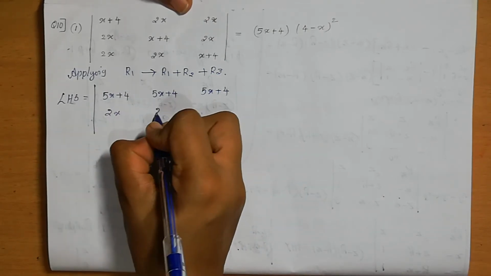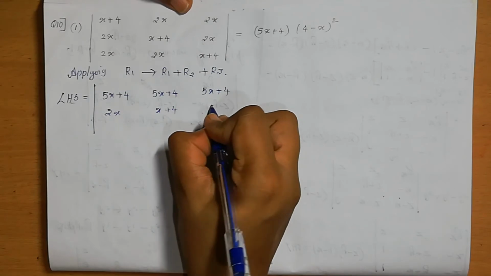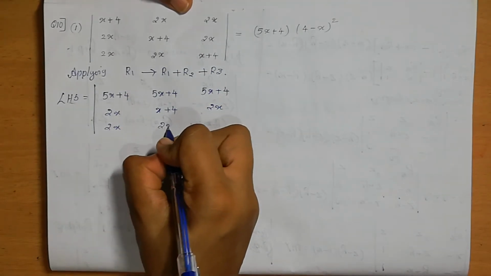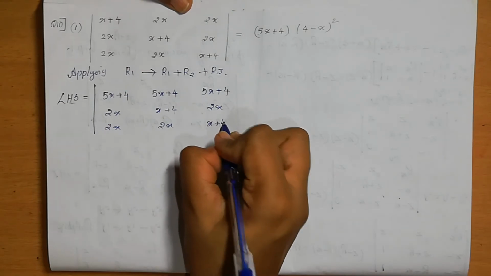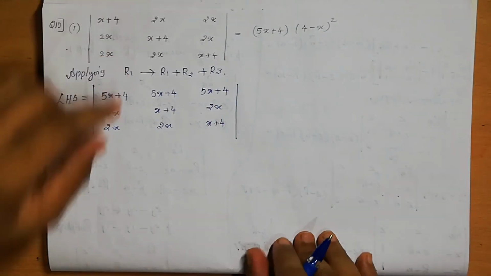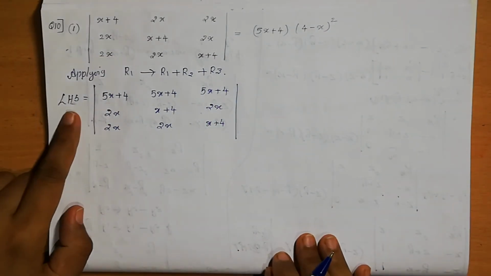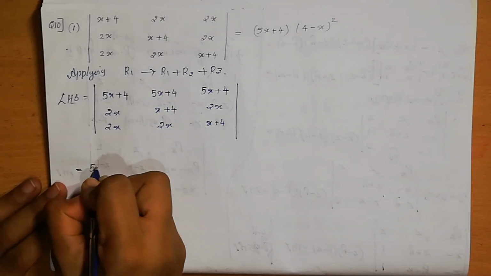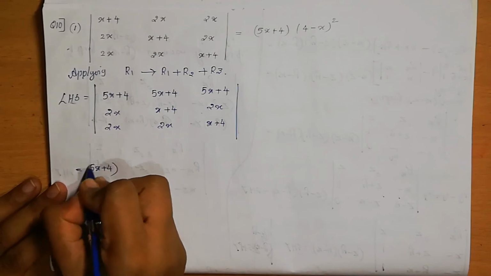2x, x plus 4, 2x, x plus 4. Next step we can take 5x plus 4 common from R1. 5x plus 4 common.